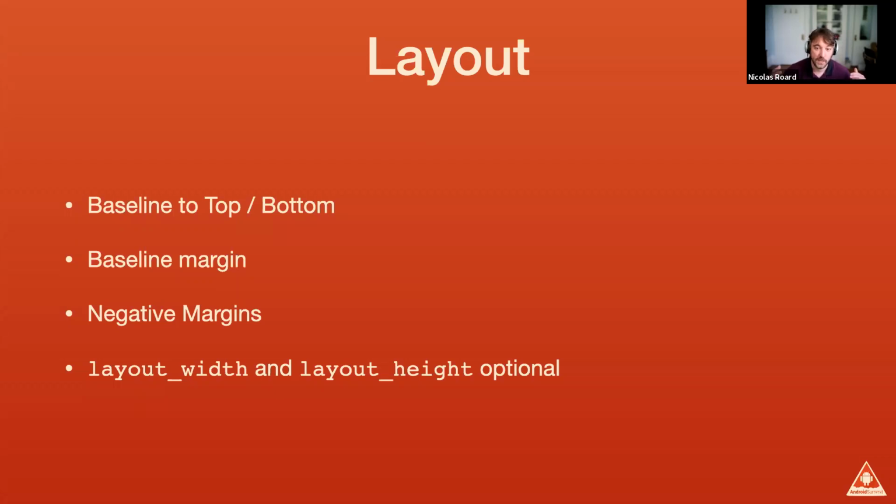Right now we enforce that any margin on a constraint has to be positive, but in some situations it would be nice to have a negative margin. So we'll support those kinds of things. For helper objects, often they don't really have a dimension by themselves. So in fact, specifying layout width and layout height is not really necessary. So we'll probably get rid of them in that release as well. Next.